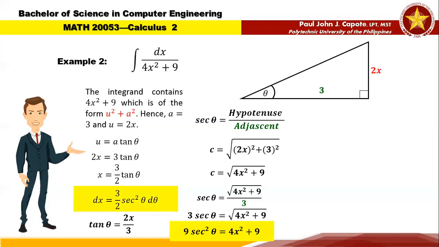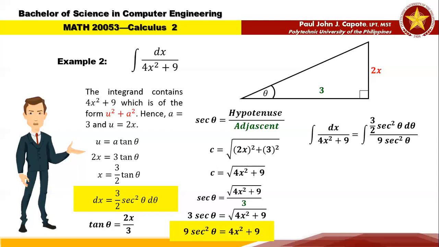Now we will use these two pieces of information that we have to evaluate the given integral. So we substitute the value of dx, which is 3/2 times secant square theta d theta, and substitute 9 secant square theta to the denominator of the integrand.